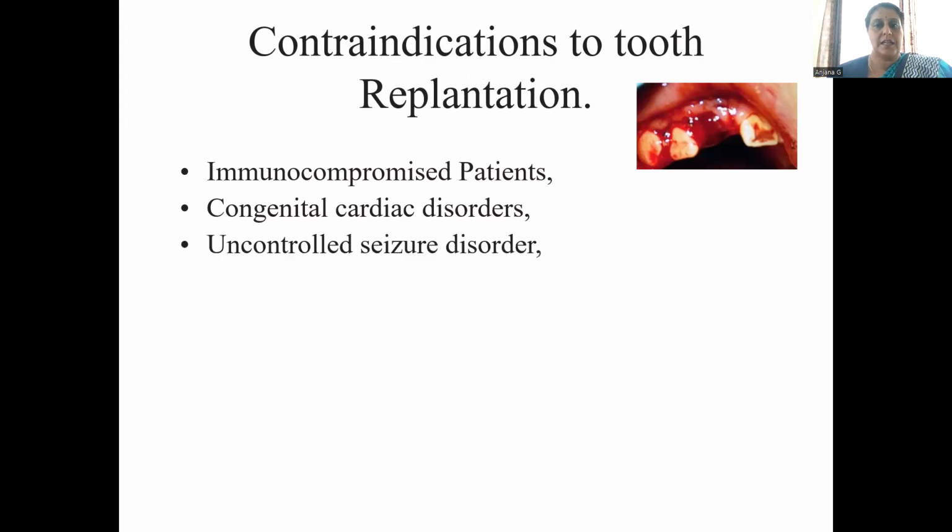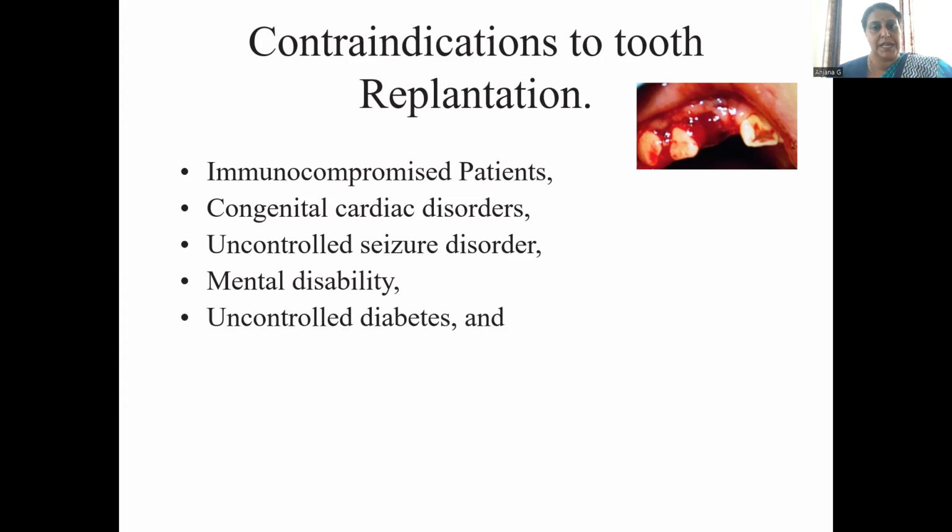Uncontrolled seizure disorders can cause the reimplanted tooth to be dislodged from the socket and become an object for aspiration. So in uncontrolled seizure disorder, replanting is also not suggested. Mental disability, where the individual can pry the tooth out because of discomfort, is also a possibility. Uncontrolled diabetes, where the possibility of infection is high and healing is compromised, again you don't replant.